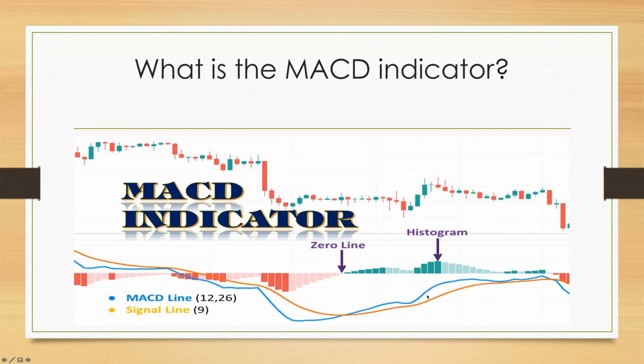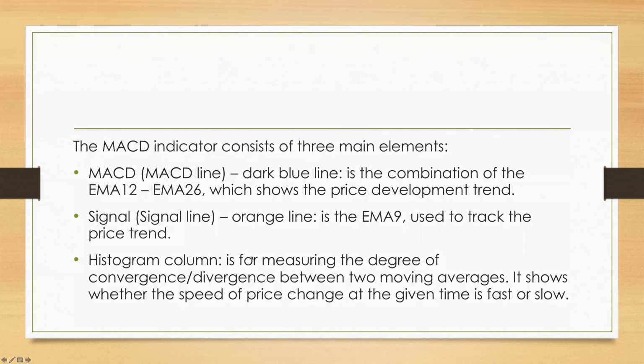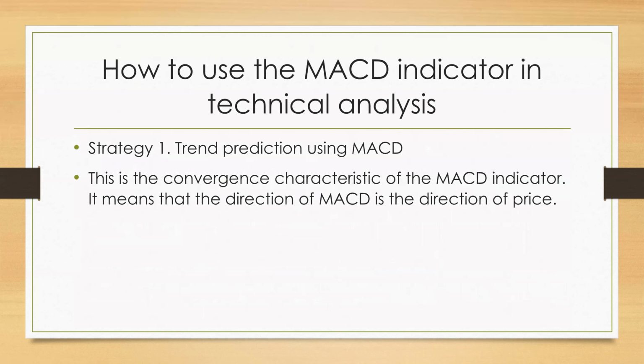Same thing happens over here. The bars start lengthening, and when the bars start lengthening, the colors start getting deeper or darker. So a histogram is for measuring the degree of convergence, whether they're relating positively, or divergence, they're relating negatively.